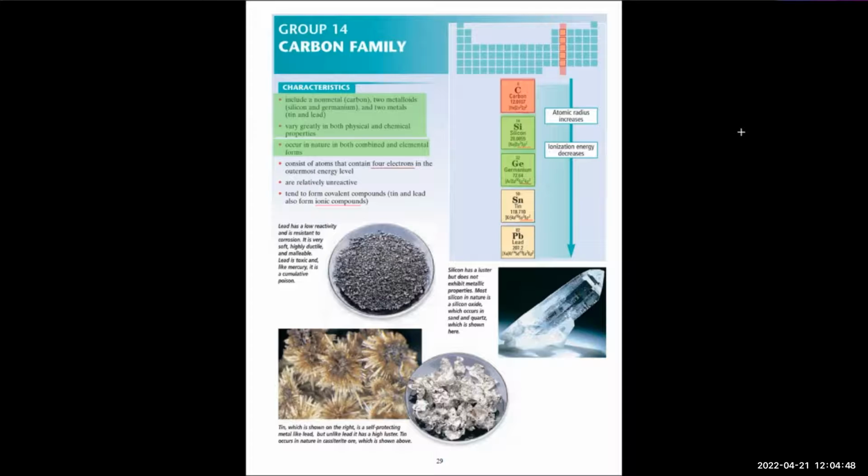What is the atomic mass of aluminum? 13, that's the atomic number. The atomic mass is 26.981. Compared to the atomic mass of lead, 207.2, lead is really heavy.